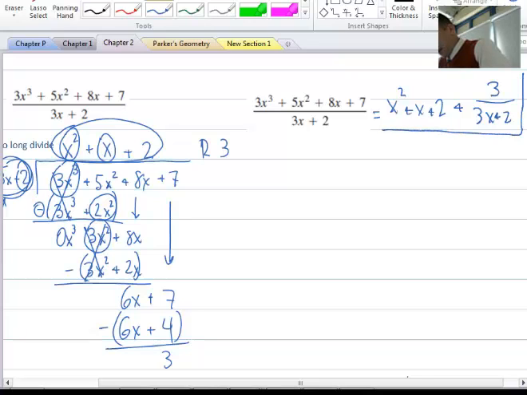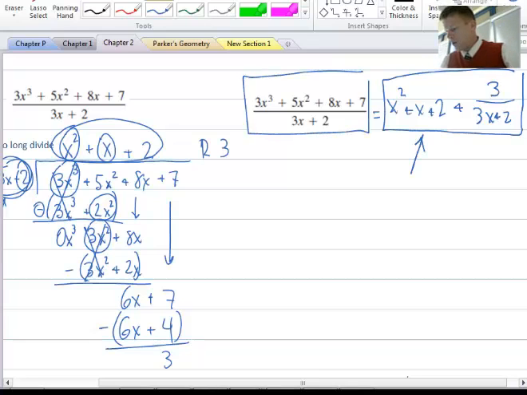So this is identically equal to this division. Hence, I have found the quotient and the remainder term. Well, it's not really a remainder term, it's the remainder over the divisor.